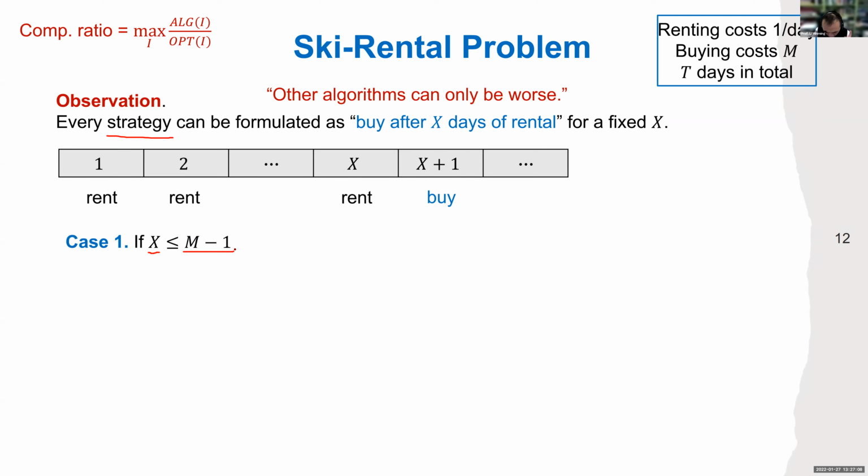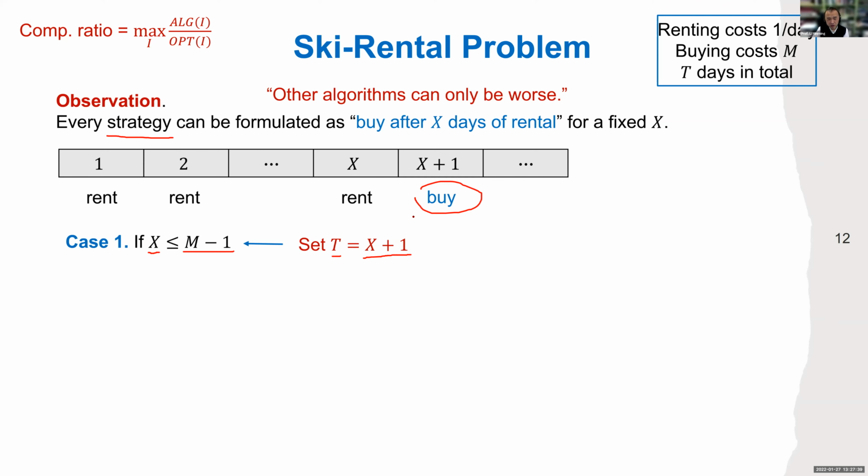So suppose we rent for less than m days. What will happen? Then the bad guy, who is designing the online sequence for you, will set t to be x plus 1. So basically, he will just stop the season right after you buy. On day x plus 1, you will buy, and after you buy, he finishes the season immediately.